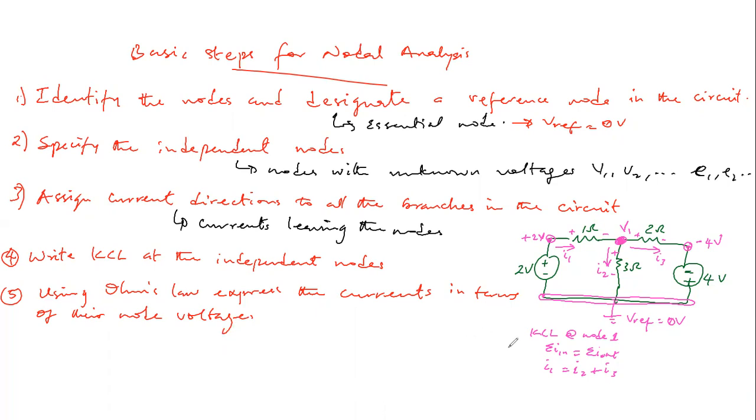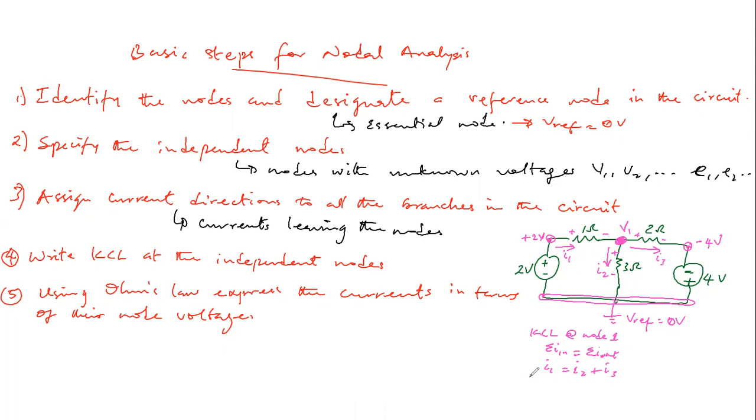So in order to do this by Ohm's law, we know that the current here is the voltage value divided by the value of the resistor. And at this point, this is positive with respect to this terminal, and V1 is negative with respect to this terminal.